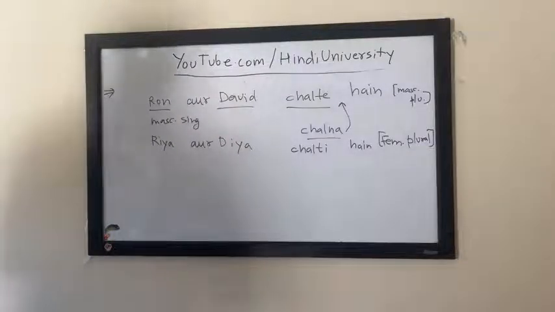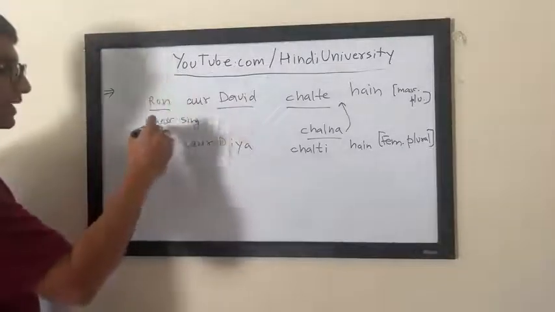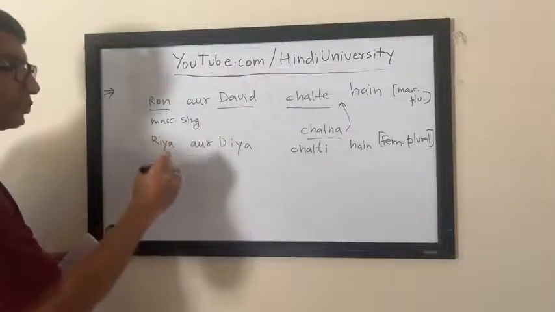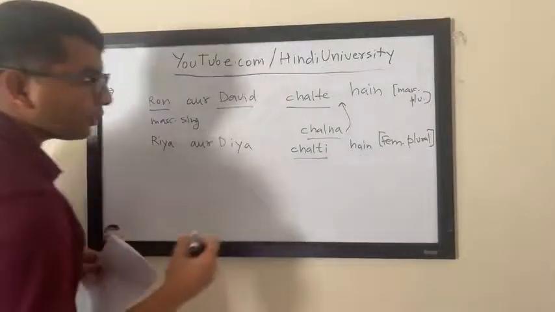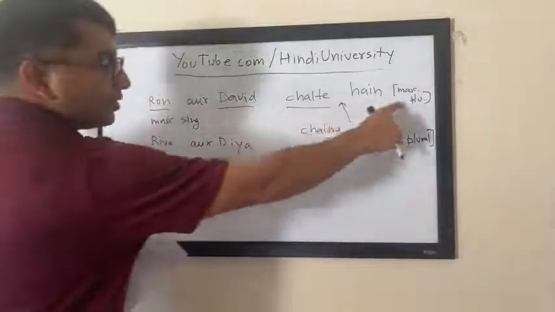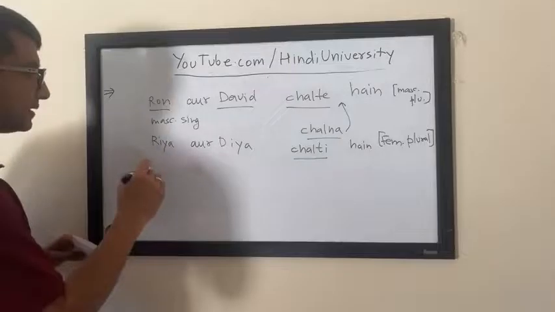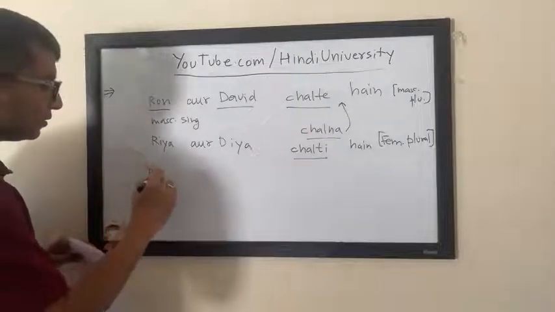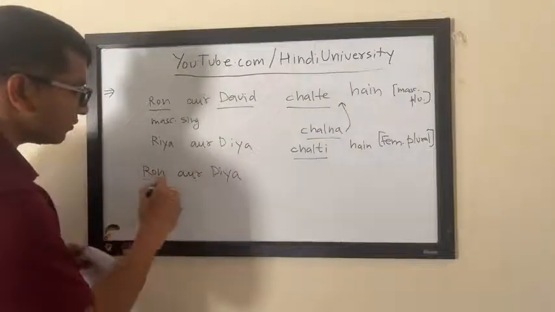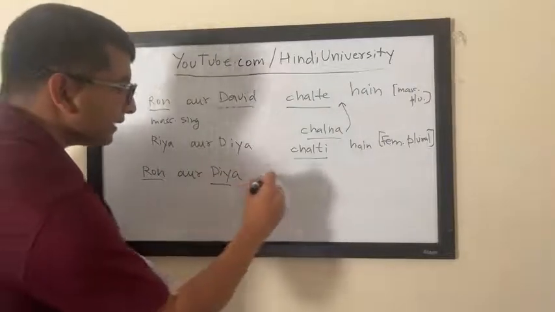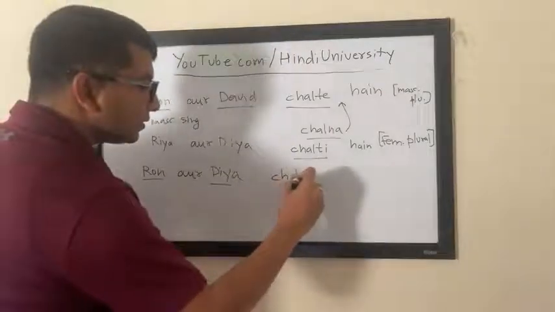Then we try to mix it up. In this case, both masculine singular, in this case, both feminine singular. But the verb is getting conjugated for masculine plural in this case, feminine plural in this case. Now, if you mix it up, then you have Ron or Diya. Masculine singular, feminine singular. In all these cases, you will default to masculine plural.